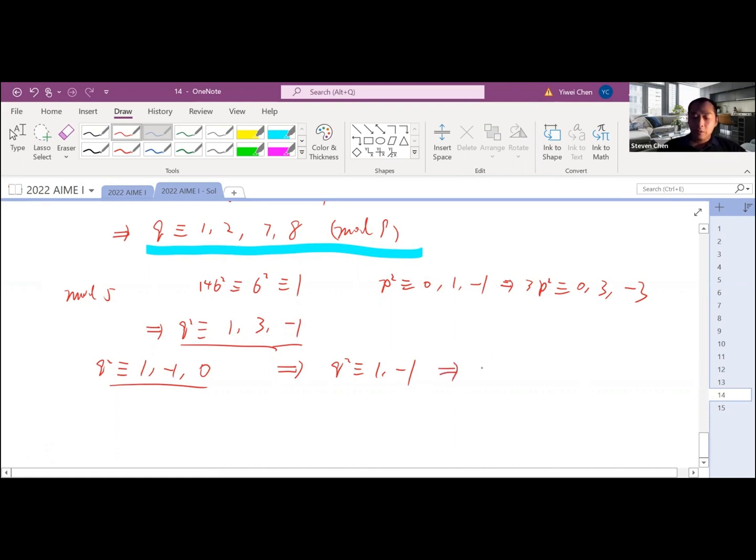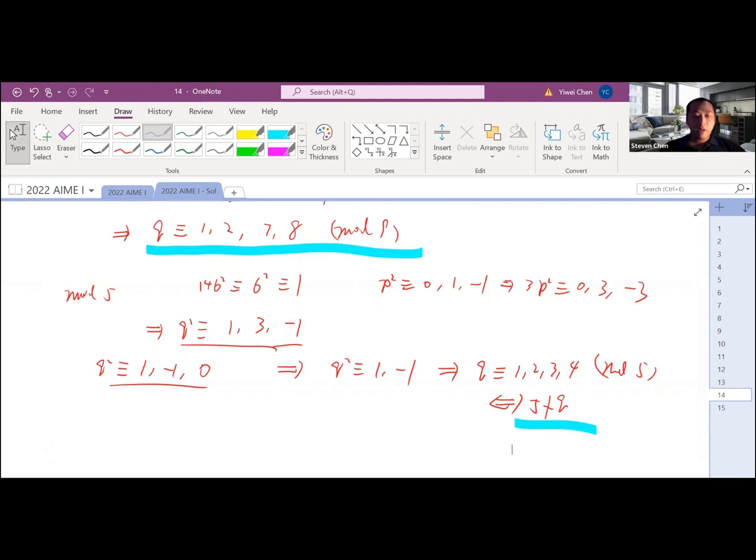We know that q could be congruent to 1, 2, 3, 4 modulo 5. Equivalently, we simply require that q cannot be a multiple of 5. So that's the condition we get by doing modulo 5. Okay.